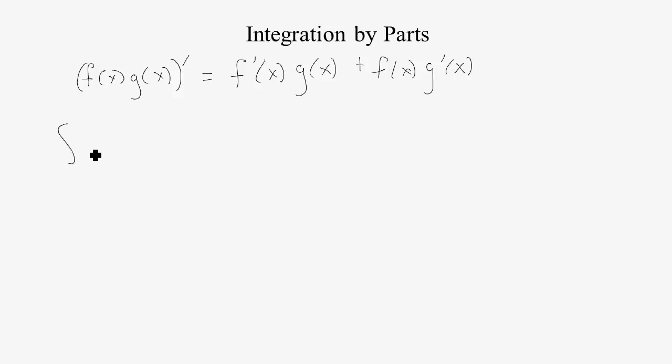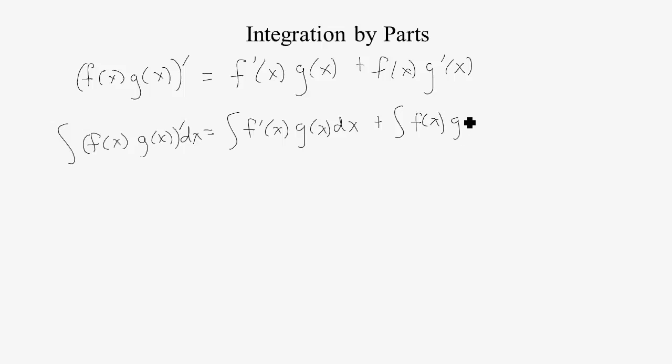So if we integrate both sides of the equation for the product rule, we end up with the formula for integration by parts. We just do a little bit of work.